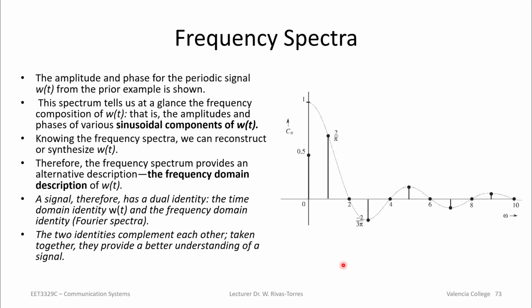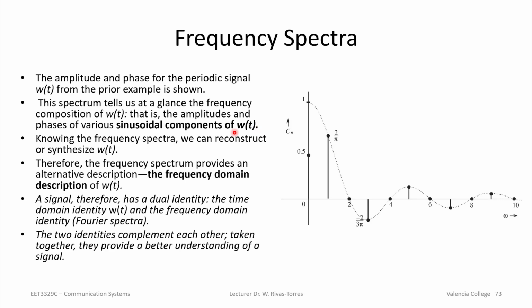So from this plot, you can identify which of the terms have a phase of minus pi, which are the ones that are negative. If you think of these as pointing either up or down, the ones that point down are the ones with the pi phase, okay?